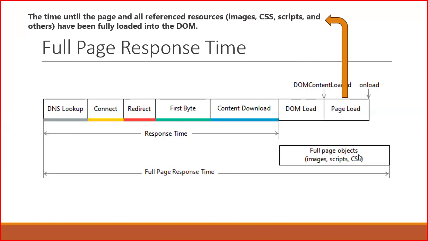Similarly, we need to understand what is page load. The next one is the page load time. So what is meant by page load time is nothing but, as I mentioned, each and every web application, if you hit one particular URL, will have some images and some CSS. CSS means cascading style sheets, which will add some colors and some structure to your application.